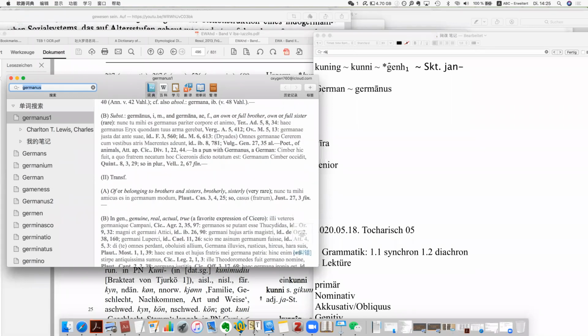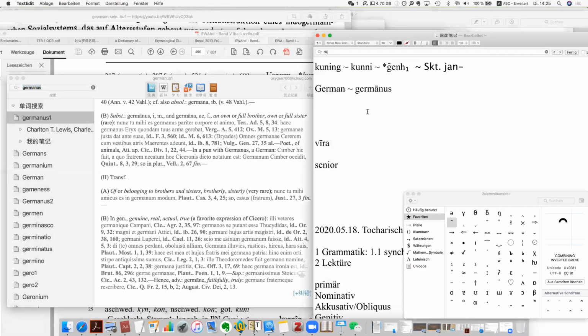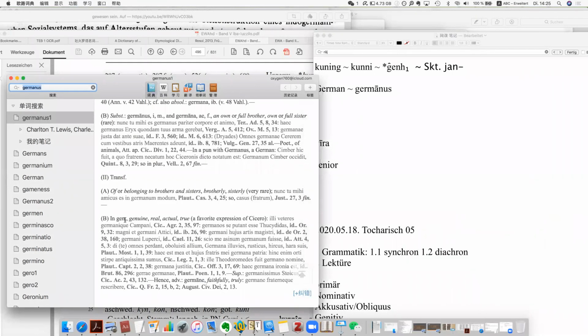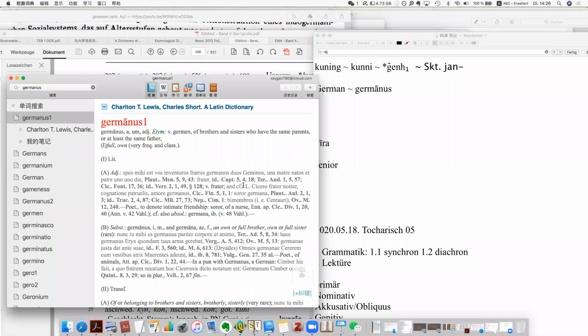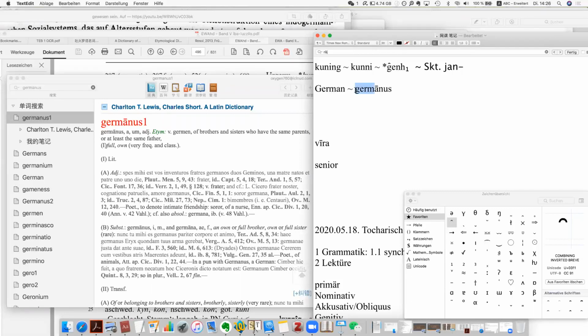So the word German or Germanic actually comes from the Latin word Germanus, and Germanus has the meaning genuine, real, actual, true. So it is the true people, or the people belonging to the same family and so on. And this Germanus, German, again comes from the same root.